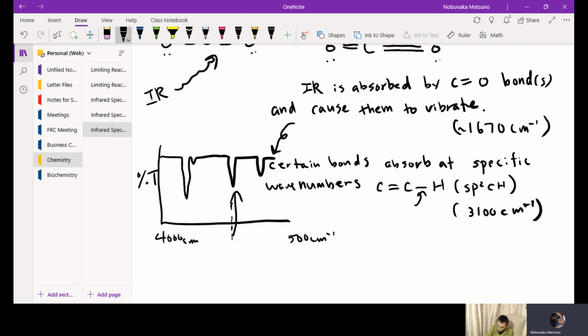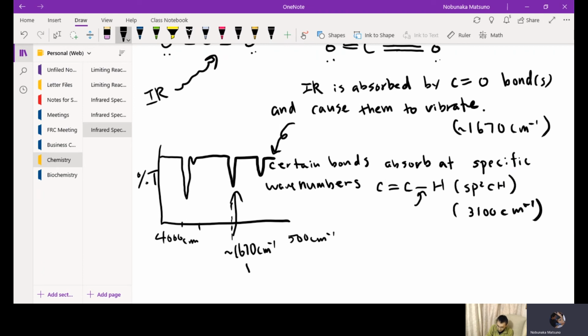Let's say this part right here happens to be 1670. This part right here is, let's say, right around the 3000 range, but we don't worry about that.